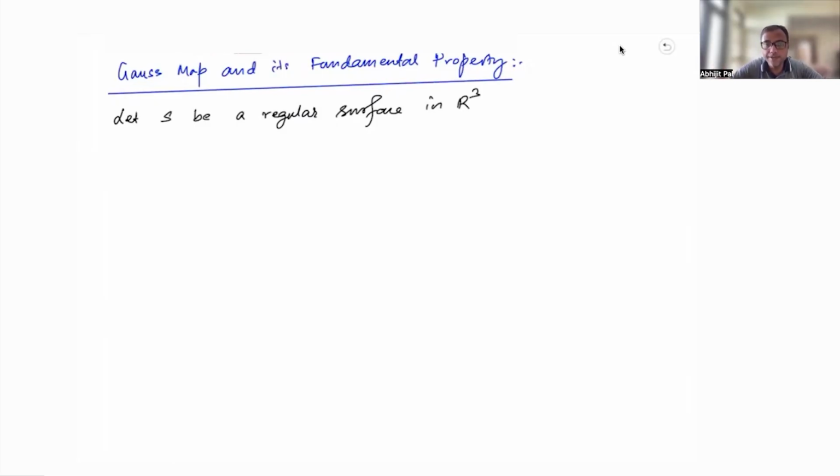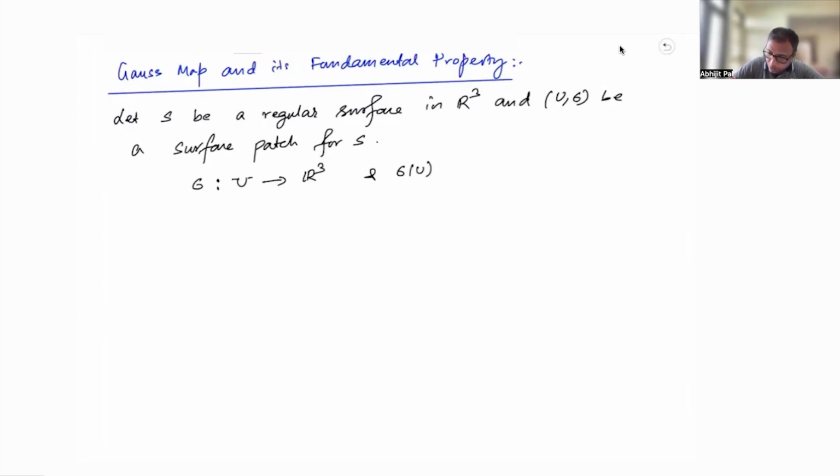And let us take a surface patch for this regular surface S. So the sigma is a differentiable map from U to R3, and sigma of U is in S.